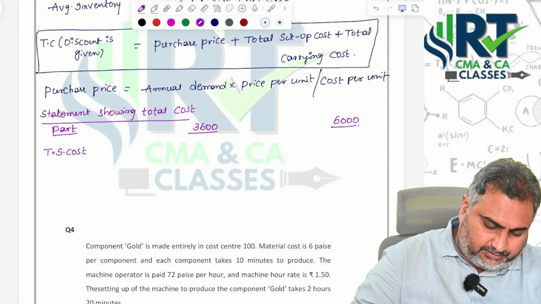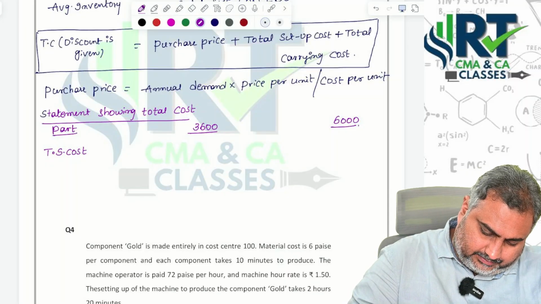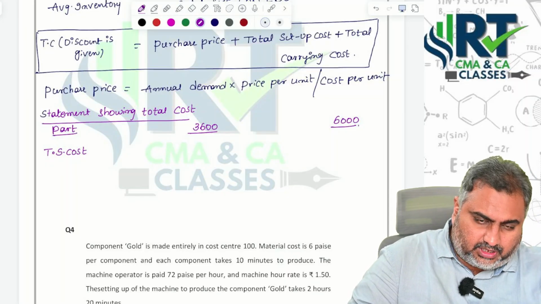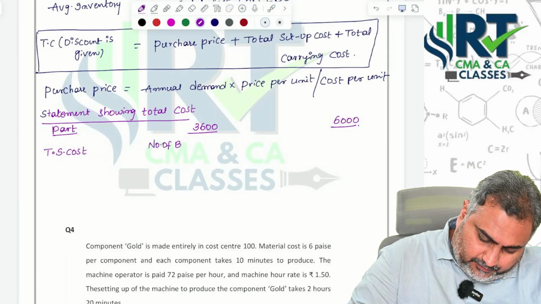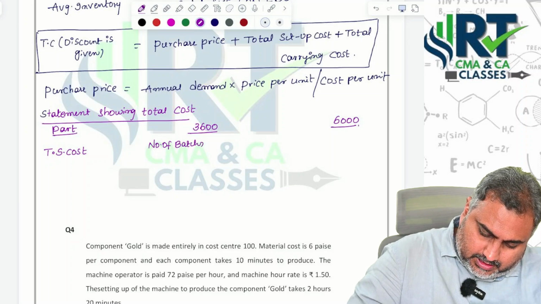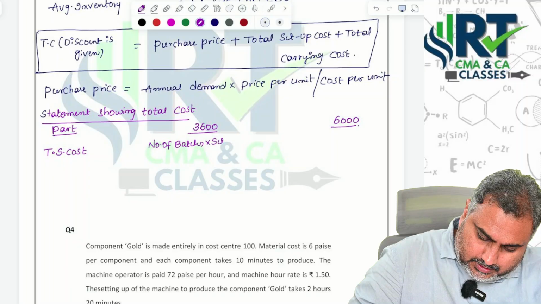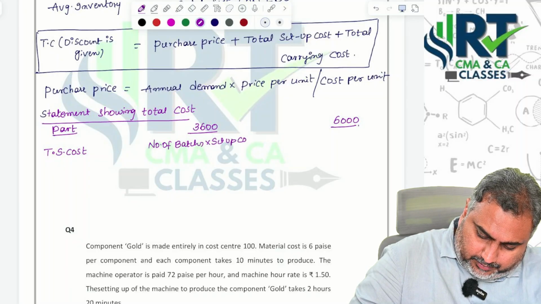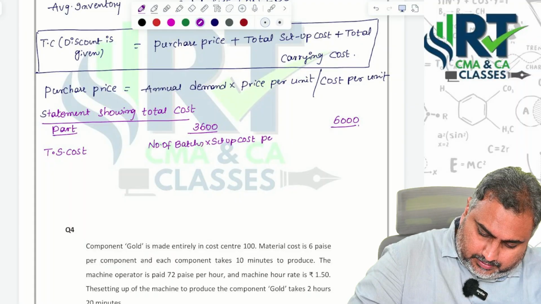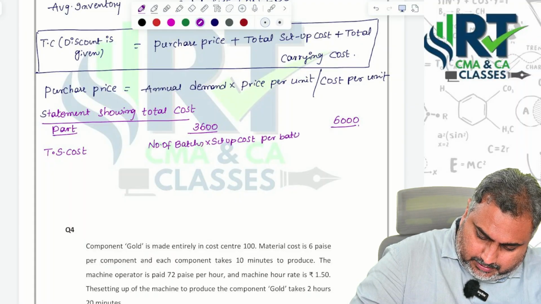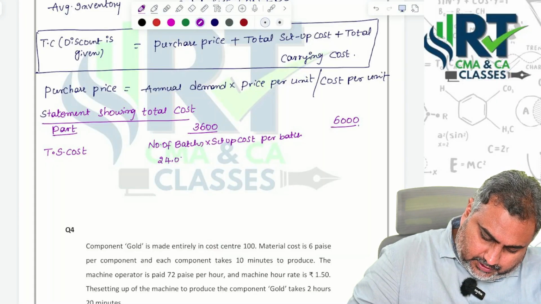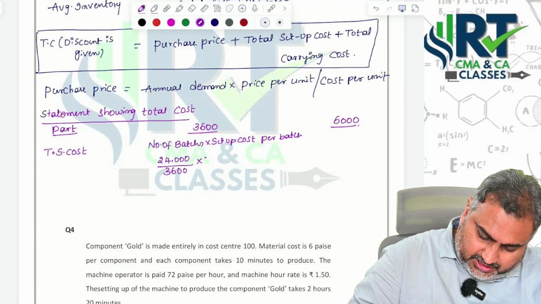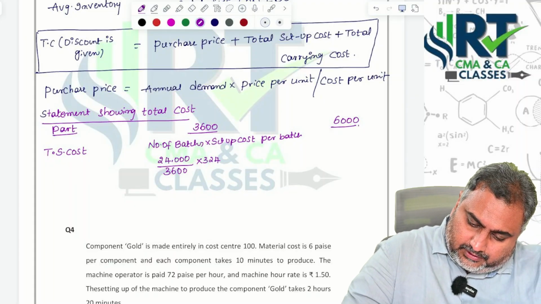What is the formula? Number of setups. Directly I am using it; in the examination you are supposed to write number of batches into setup cost per batch. That is equal to 24,000 divided by 3600 into 324, which is 2160.